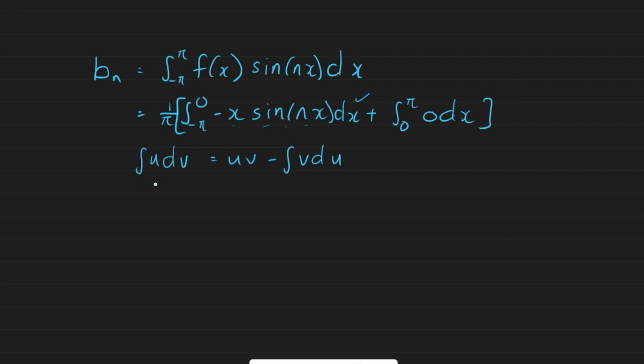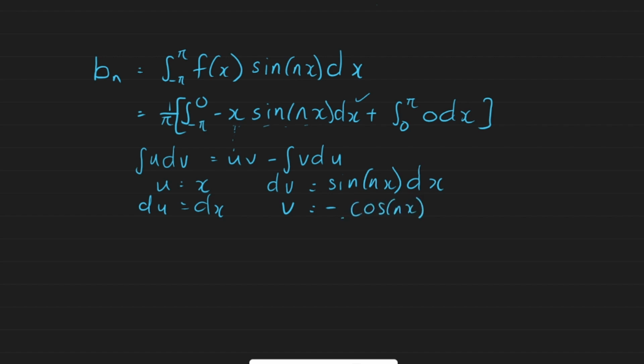So we set u equal to x, which means du is equal to dx. Then we set dv to be sine nx dx, and if we integrate that, v is equal to minus cos nx divided by n.